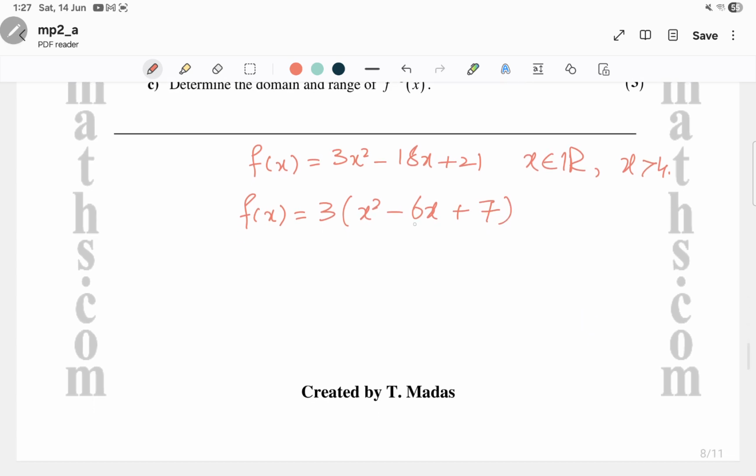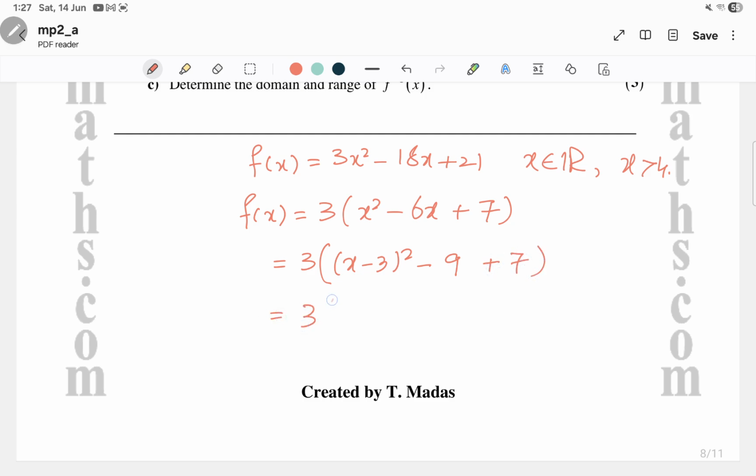Then we have to consider half of the coefficient of x, which is minus 6 divided by 2, which is minus 3, so it's x minus 3 whole squared, minus the square of the half, which is 9, plus 7.